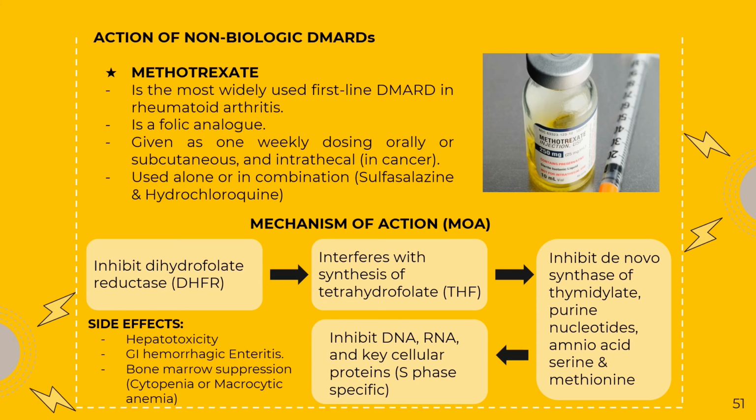Let me explain the mechanism of action. As we know, methotrexate works by inhibiting dihydrofolate reductase, which is an important enzyme in the synthesis of nucleotides. Folic acid from our diet is converted to dihydrofolate, and dihydrofolate will be converted into tetrahydrofolate through dihydrofolate reductase. Tetrahydrofolate will be converted into 5,10-methylene tetrahydrofolate, and 5,10-methylene tetrahydrofolate will be converted again to dihydrofolate through the enzyme thymidylate synthase.